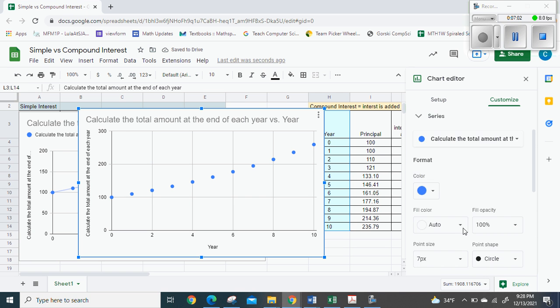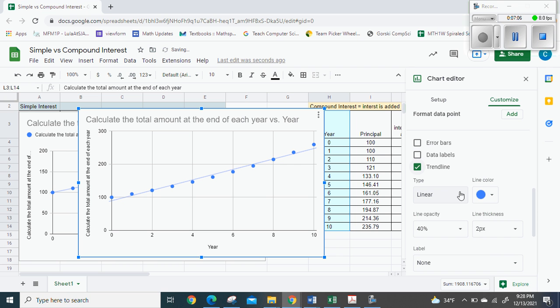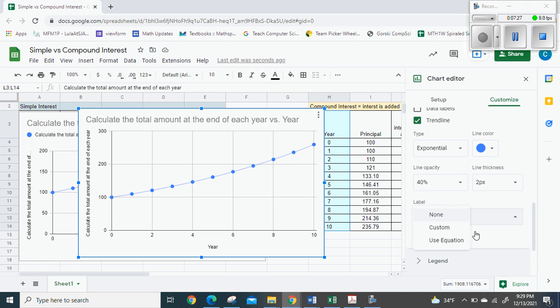So when we click on Series, we want to put on a trend line, but we don't want a line anymore. It's not linear. What we want is actually called an exponential, because compound interest is an exponential. 10% every year added onto the amount before gives us an exponential line.